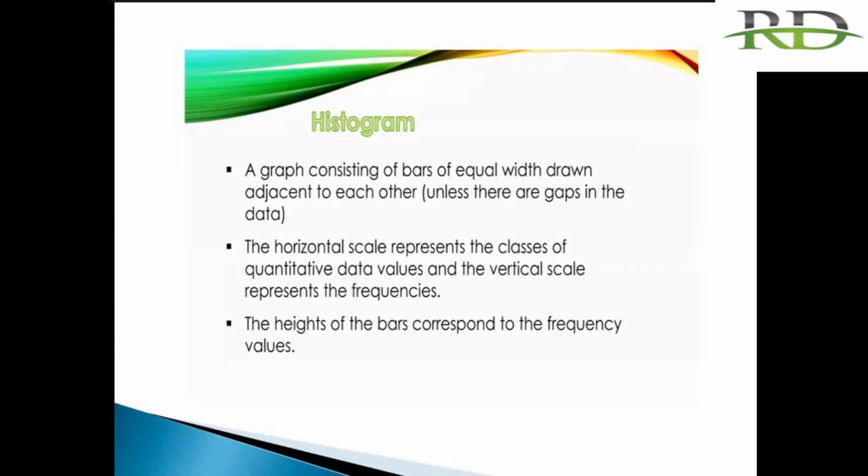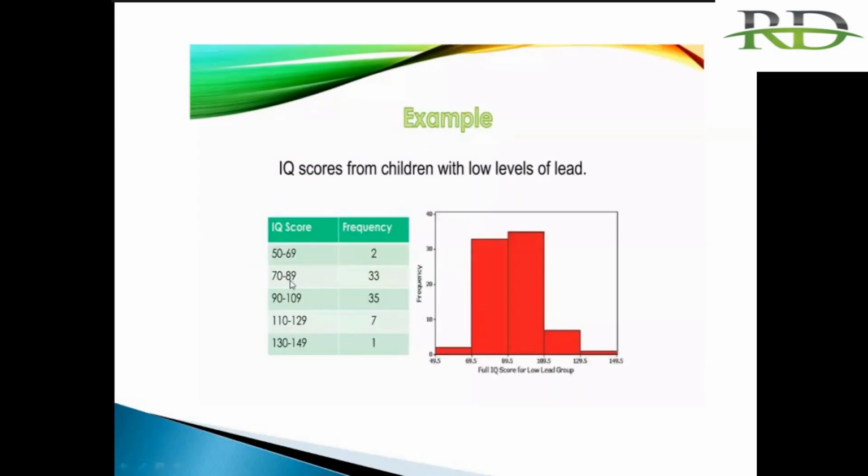Histogram, we know that this represents adjacent bars for the grouped data case having class intervals. See here, these are the class intervals and these are the corresponding frequencies. So we can have adjacent bars. This is known as the histogram.